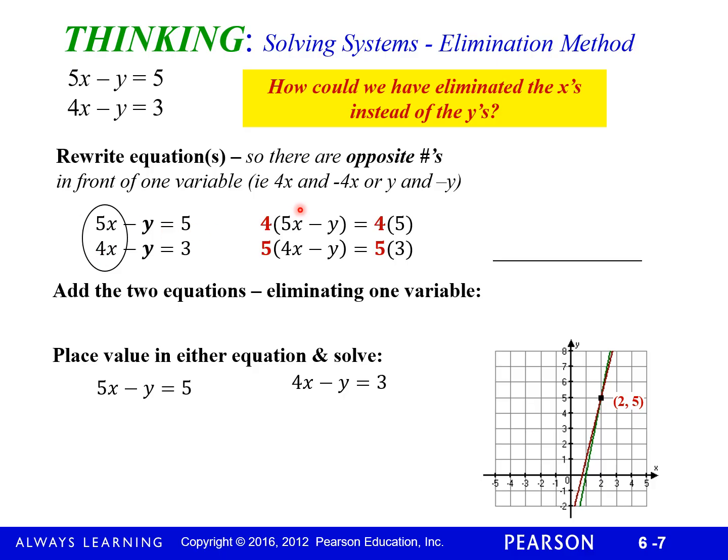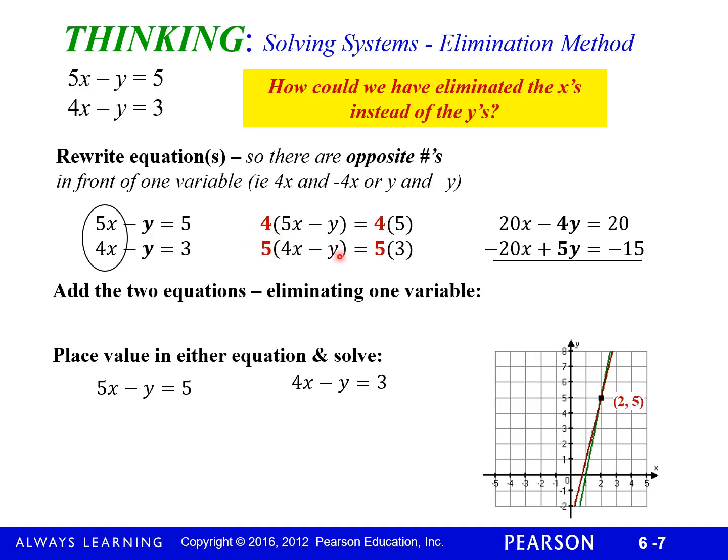Notice what we did. We're trying to get rid of the x's. We took the 4 times the 5, and the 5 times the 4. Now, that will give us 20x, but notice they're both going to be positive. So we need to make one of these negative so that they will cancel out. We could have picked either one.